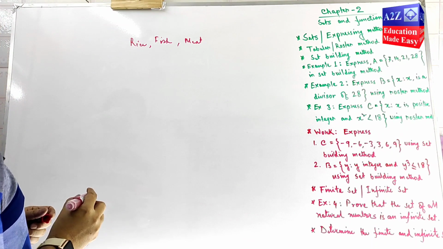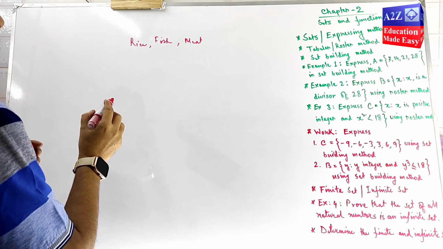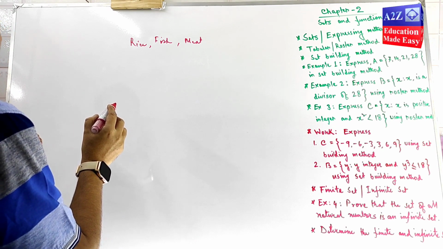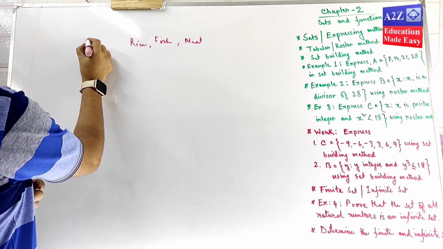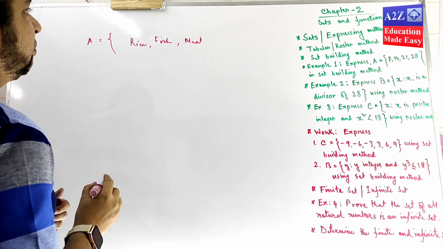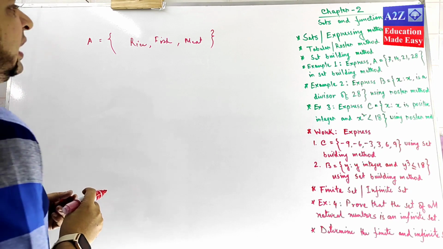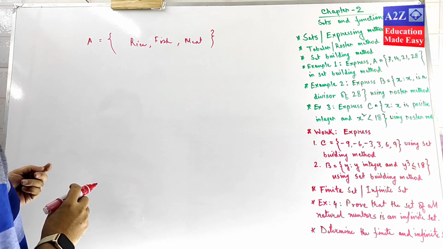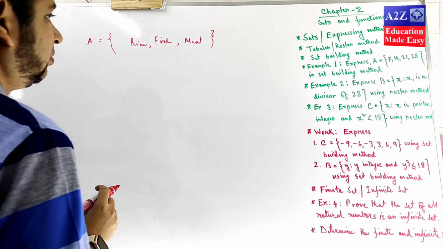And I prepare a list, and if I would like to make it a set of my items, then say for example this is set A, where the items are listed as rice, fish and meat within the second bracket, and this will be set A, expressed in tabular or roster method.